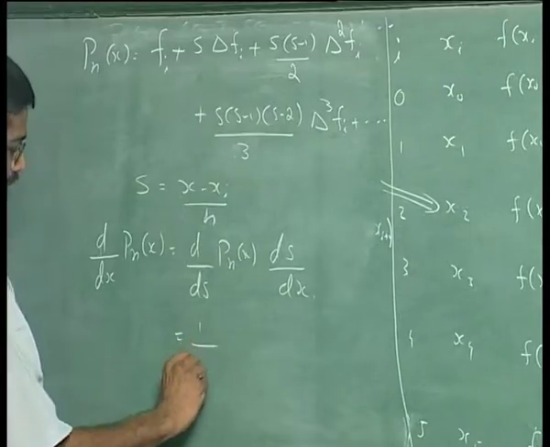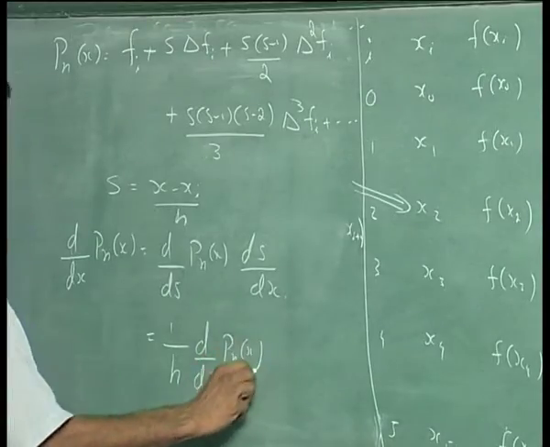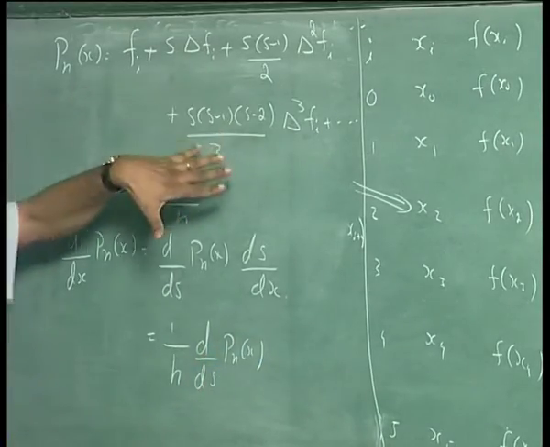So it becomes 1 over h into d by ds of Pn of x, and we know what Pn of x is. We can take the derivative of that.